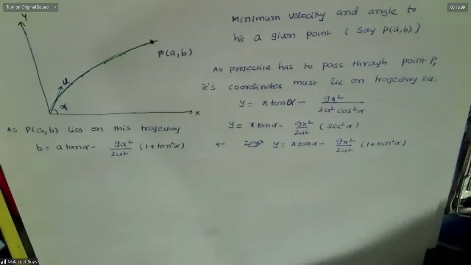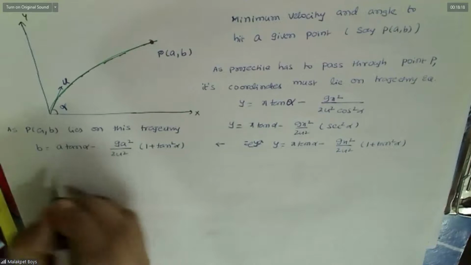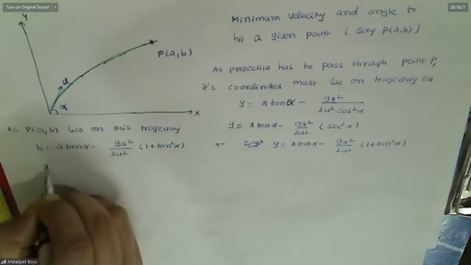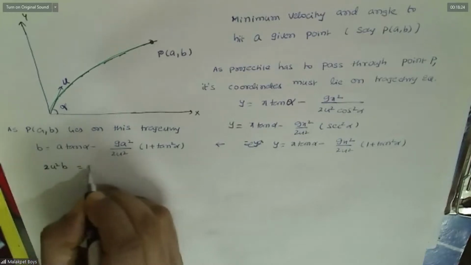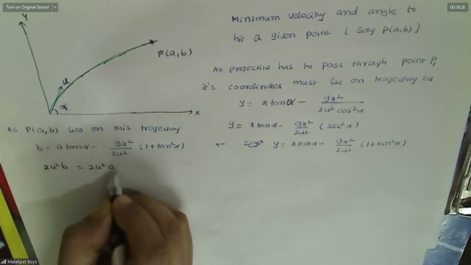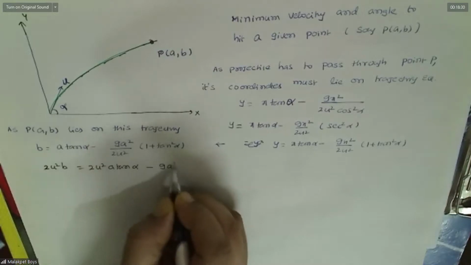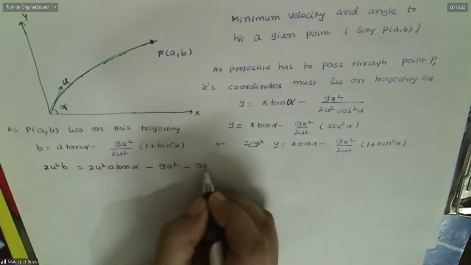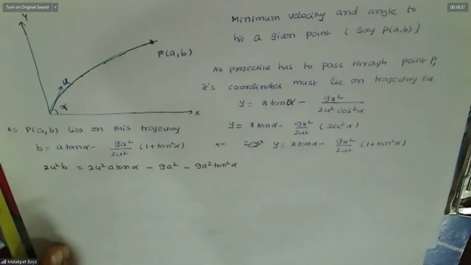Till here, any doubt is there? No, sir. Multiply with 2u square. Do you agree with this?